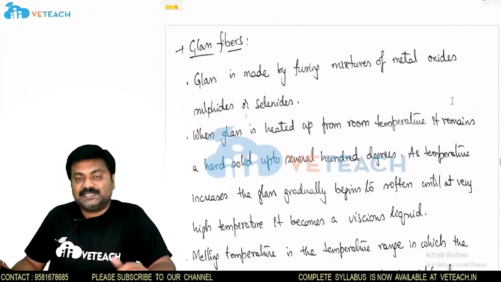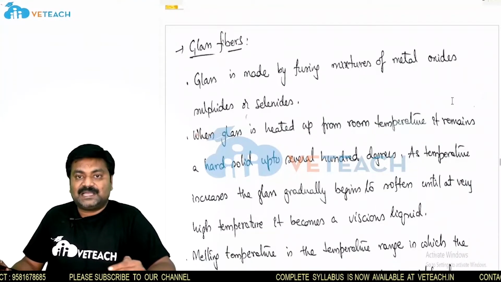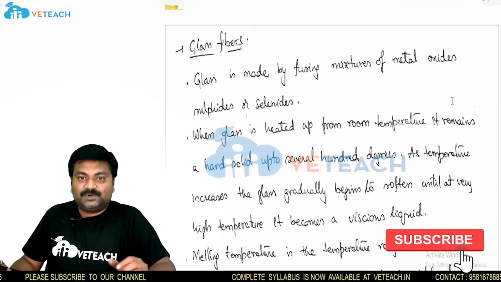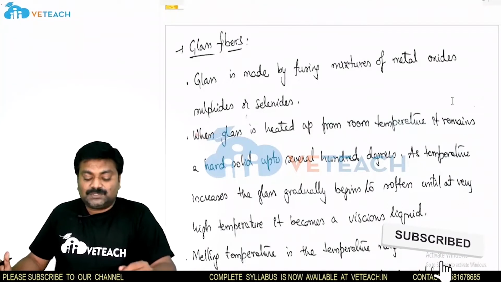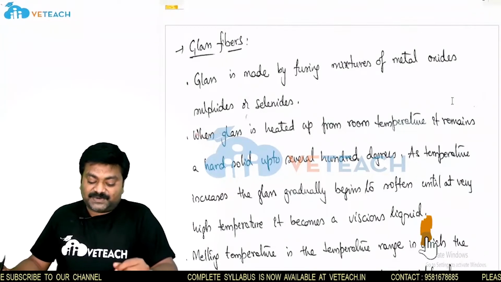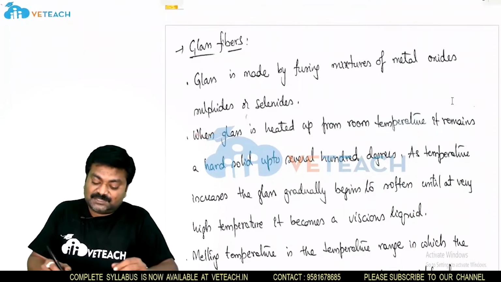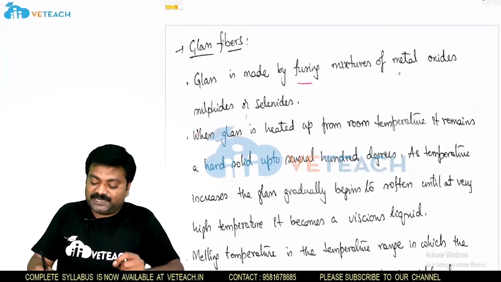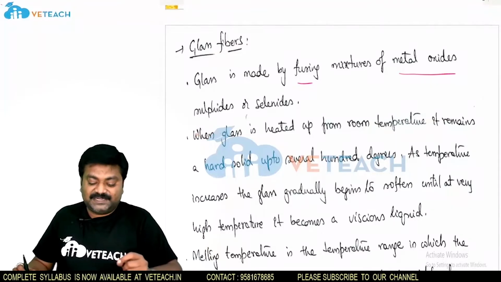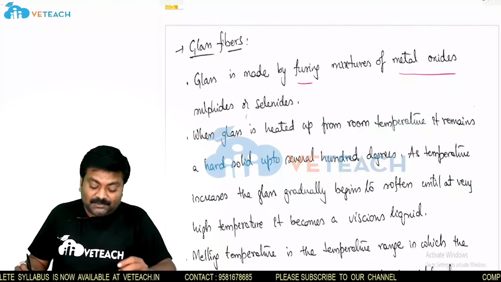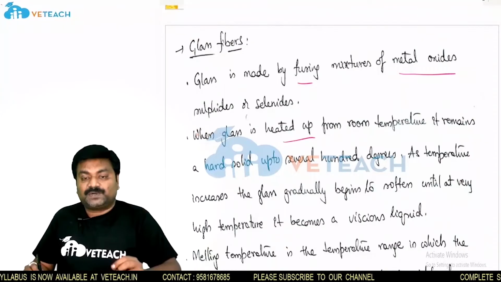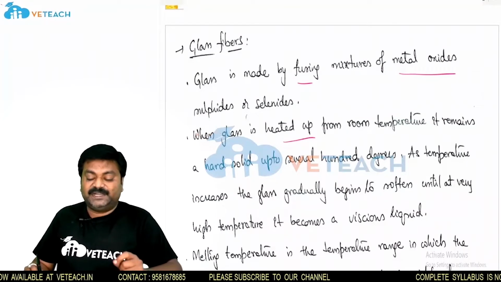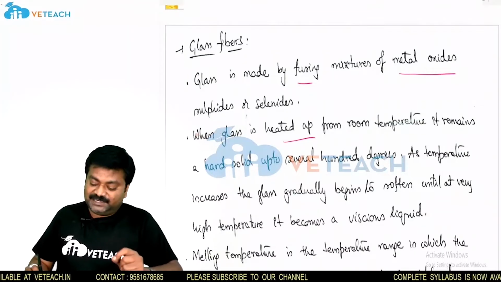So let us see in detail why these glass fibers and plastic fibers are preferred and in what way their construction is done. Starting with glass fibers. Glass is always made by fusing mixtures of metal oxides, sulfides or selenides. When glass is heated up from room temperature, it remains a hard solid up to several hundred degrees.